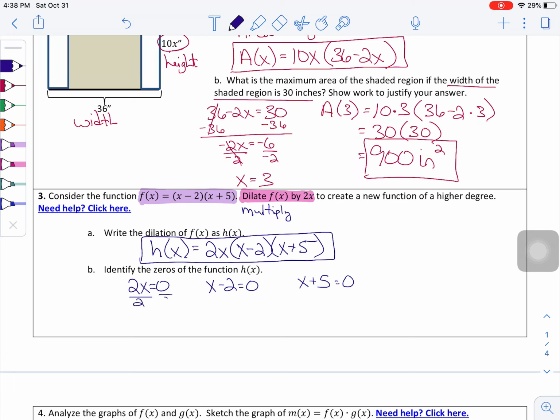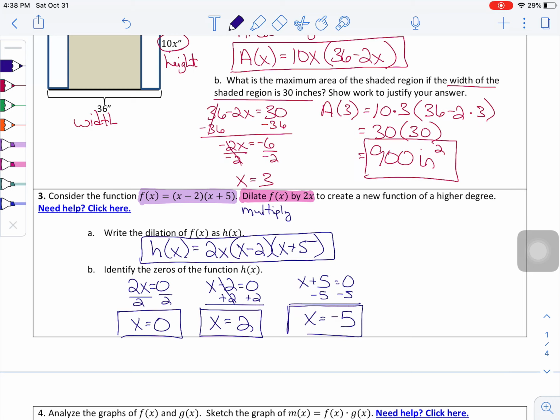All right, so we're going to divide by 2 in the first one. 0 divided by 2 is still 0. All right, so there's one of my zeros. I'm going to add 2 in the next problem. So x is equal to 0 plus 2 is 2. Okay, and for the last one, I'm going to subtract 5. So x is equal to 0 minus 5 is negative 5. So right there are my 3 zeros.